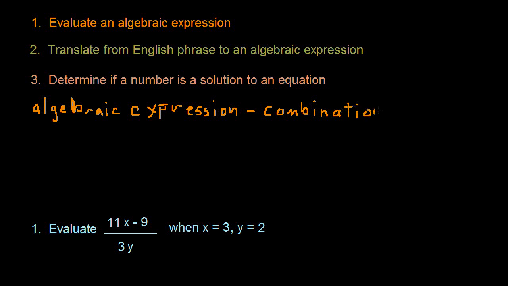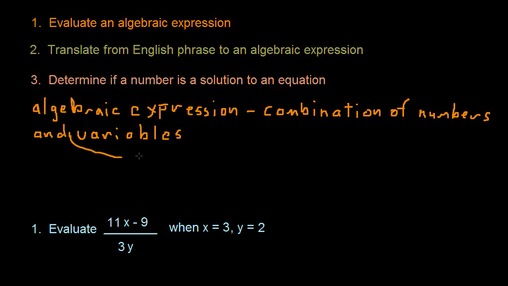So it's a combination of numbers. And if you look down at our problem, you see numbers. There's an 11, a 9, and a 3. We have numbers, and variables. I see a couple of variables down in our problem. I see an x and a y. Those are variables. So what is a variable?